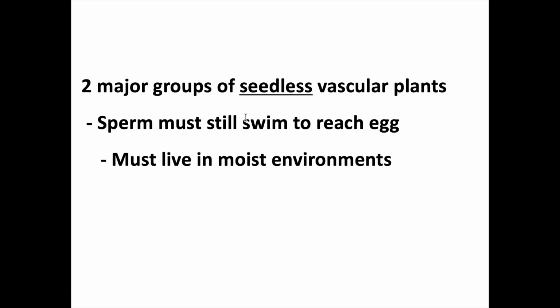These seedless vascular plants, even though they have all that cool stuff we just talked about, having vascular tissue and all of these things, the seedless vascular plants still need to swim to get to the egg, or the sperm need to still swim to get to their egg. So once again, just like these bryophytes, these seedless vascular plants have to live in environments that are humid or moist or where it rains a lot. So that's still a limitation for them.